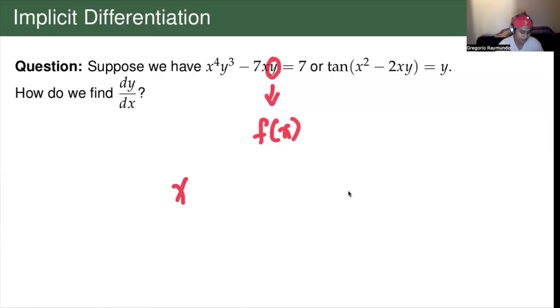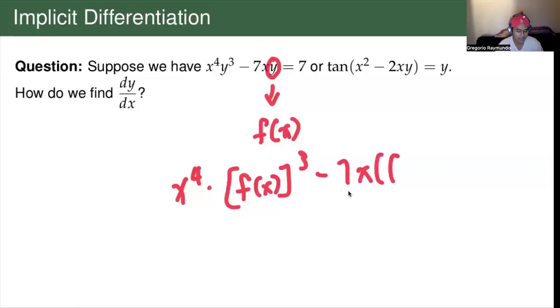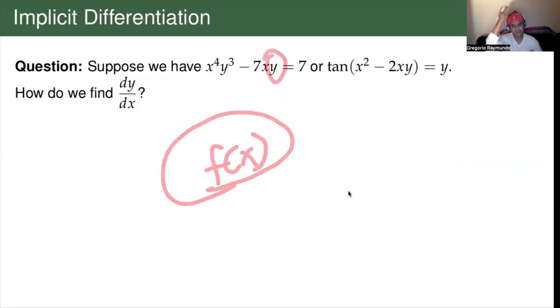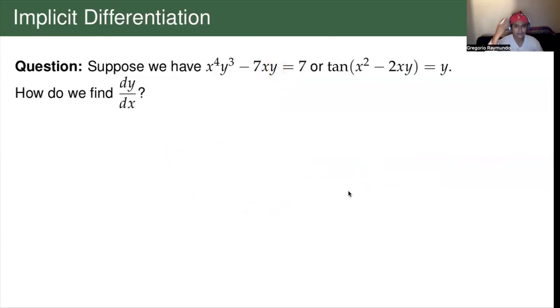So, meron ka ditong x to the power 4 times f of x to the power 3 minus 7x times f of x is equal to 7. So, function siya. Kung ano man itsura nung f of x na yon, basta nag-exist siya in the back of our minds.